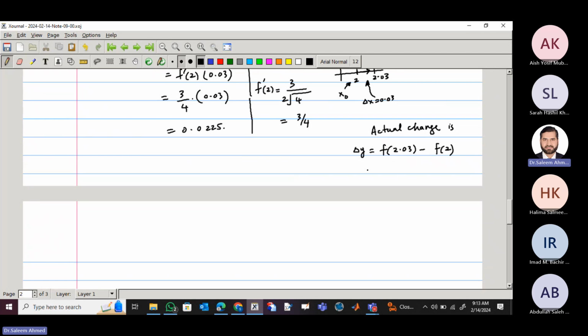So we will calculate this. The function value is the square root of 3x minus 2, minus the function value at 2. If you calculate, this is the actual change, and you can see that it will be very close to this number. So you can calculate this actual change.